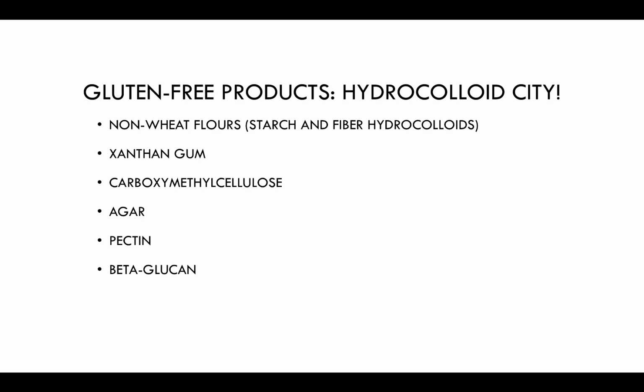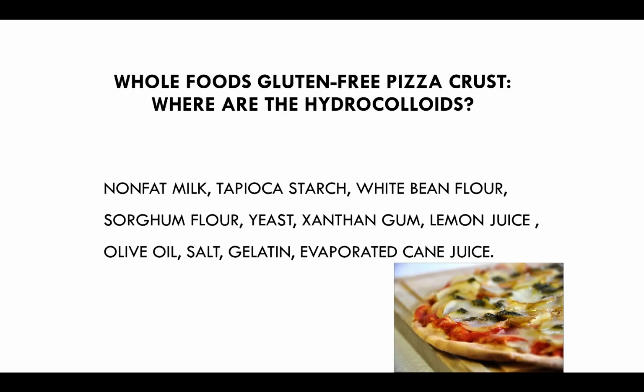When you lose that by way of getting rid of the gluten, then what you have to do is have a mix of materials that simulate what gluten does. And this is what we see, this mixture of xanthan gum, CMC, agar, many different types of materials in order to try to get that type of texture.